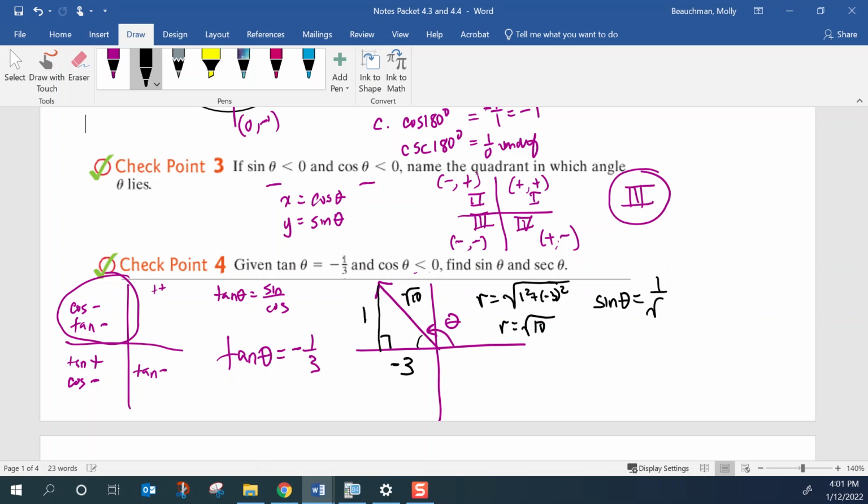So that's 1 over the square root of 10. Rationalize the denominator. I get square root of 10 over 10. And I want to find the secant, which would be 1 over the cosine. Or remember that cosine was what? X over the radius. So this is going to be the radius over x. So I get square root of 10 over negative 3.